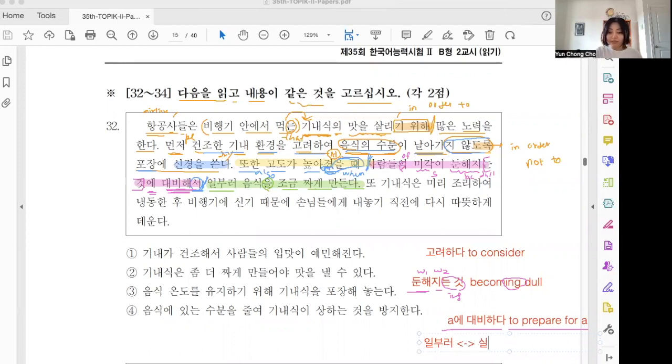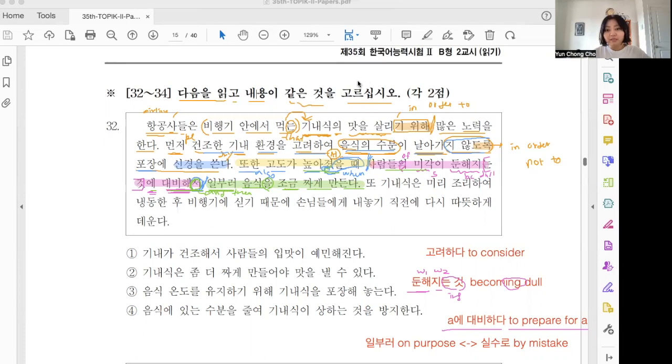The antonym is 실수로, by mistake. 자, 다시. 또한 고도가 높아졌을 때, when the altitude became high, 사람들의 미각이 둔해지는 것에 대비해서, prepare for the people's sense of taste becoming dull, and then they make food a little bit salty on purpose.